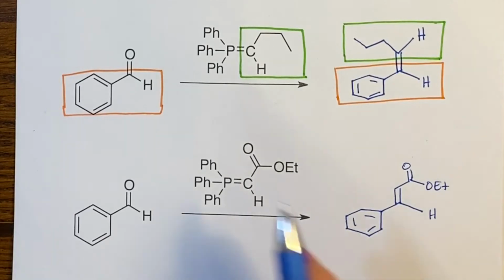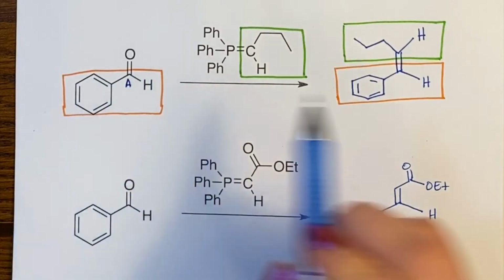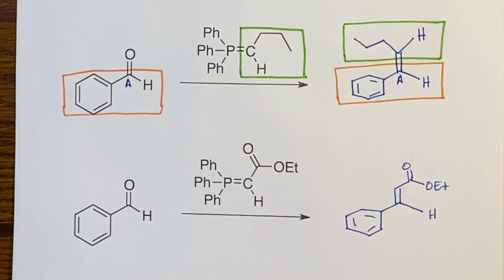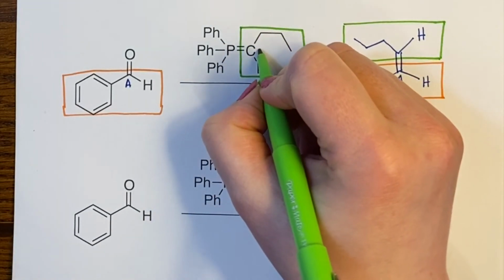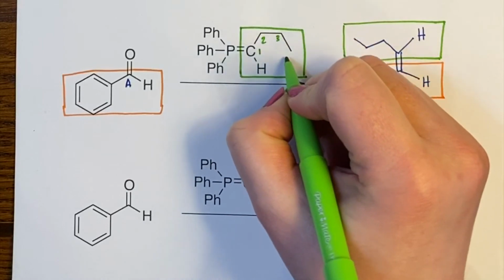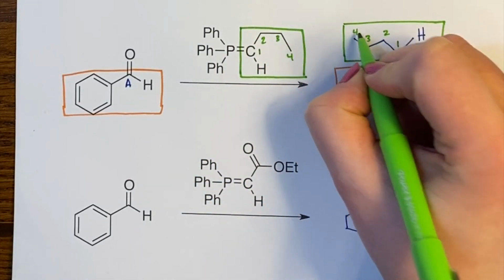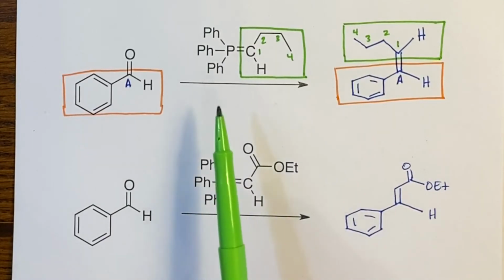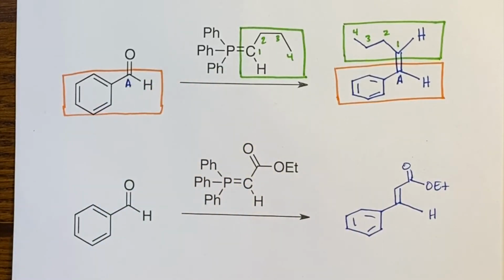In benzaldehyde, I have this carbon, which I'll call carbon A, that's bonded to a benzene ring. That's this carbon right here. In my product, I have 4 carbons in my Wittig reagent, 1, 2, 3, 4, which are these 4 carbons in my product. Remember, I also make triphenylphosphine oxide, where my phosphorus and my oxygen also have a double bond.